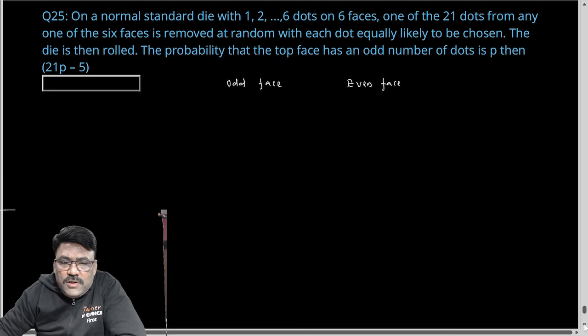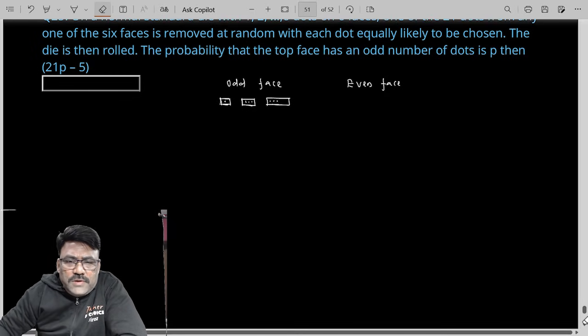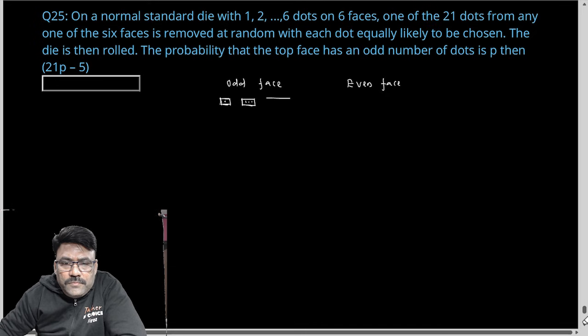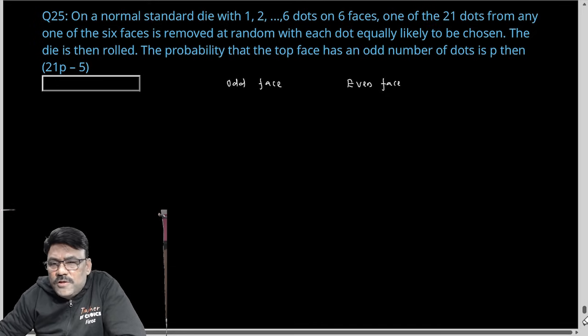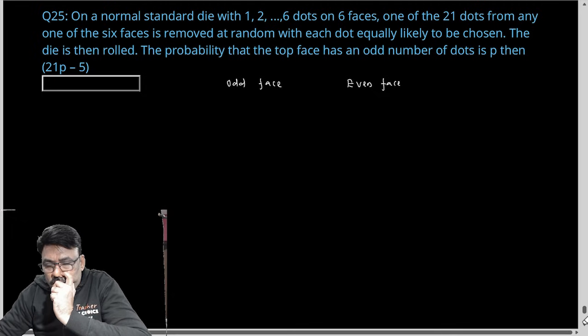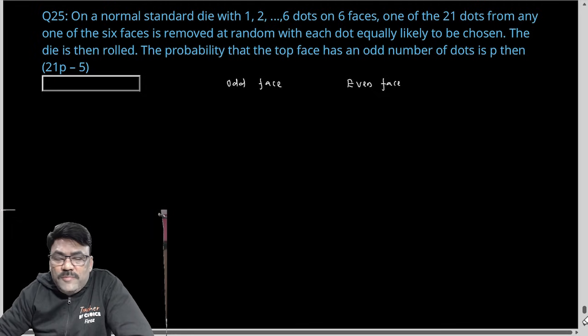Odd faces mean one face has 1 dot, one has 3 dots, and one has 5 dots. And here 2, 4, 6: on one face 2, on another 4, and 6.